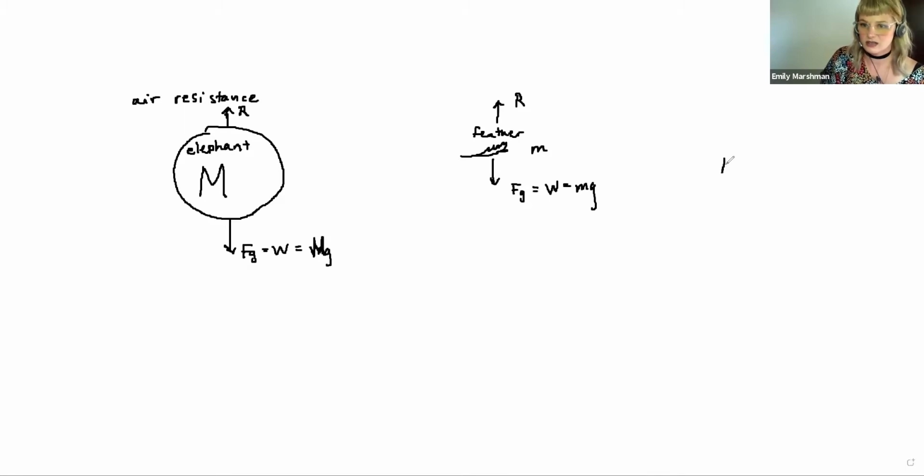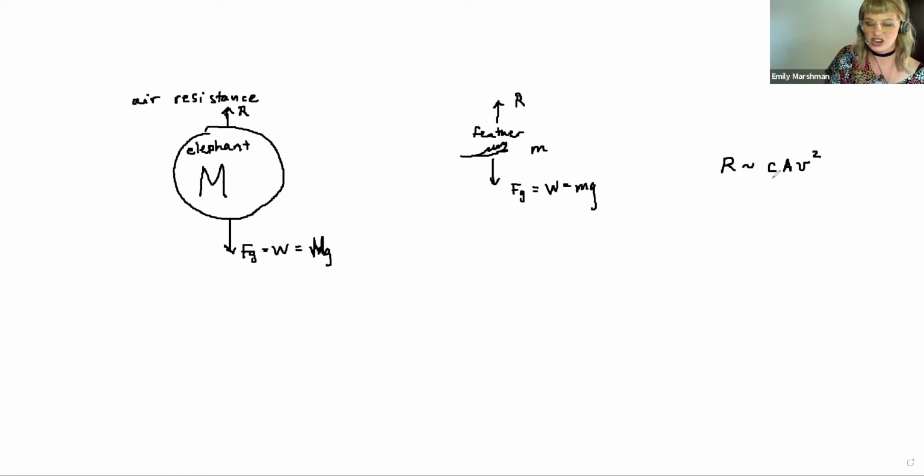And just to let you know, the air resistance is proportional to, as you would imagine, the surface area of the object and the object's velocity. And C refers to a few different other things, such as the fluid that you're actually moving through.